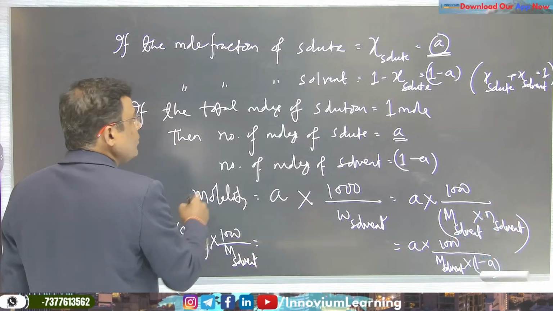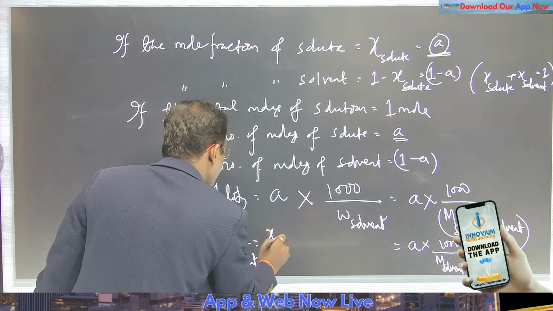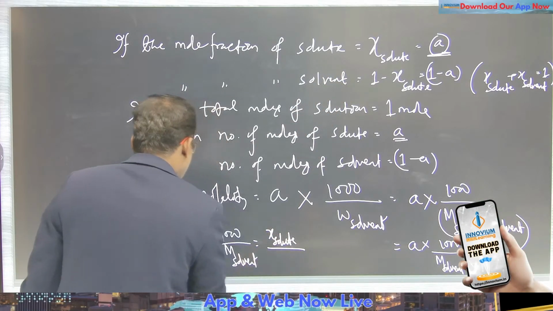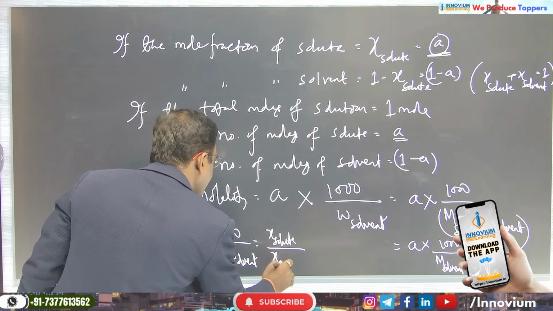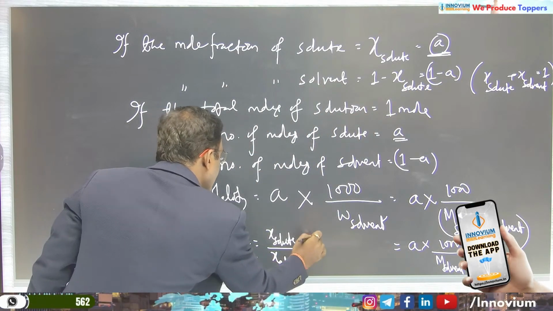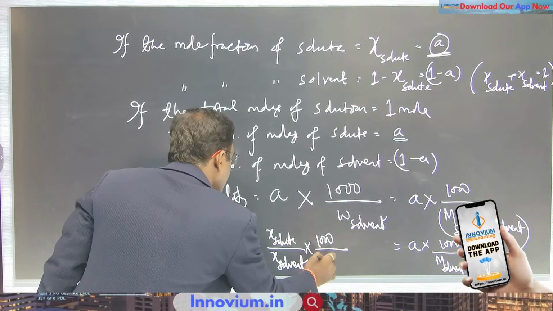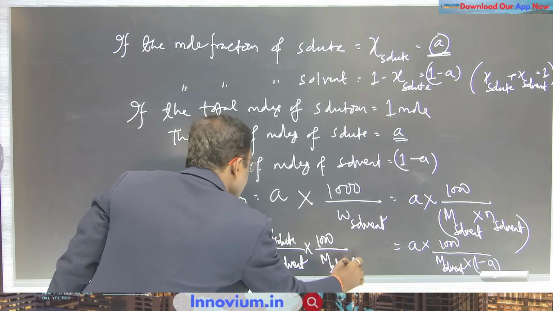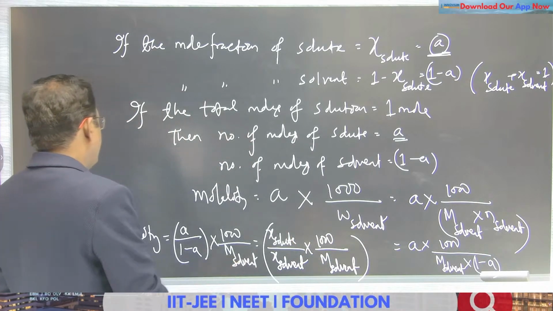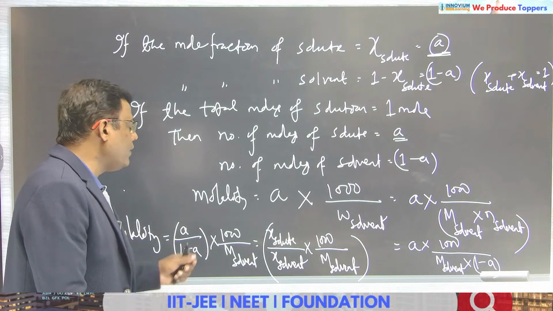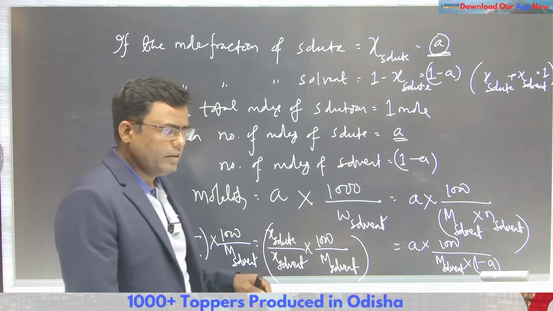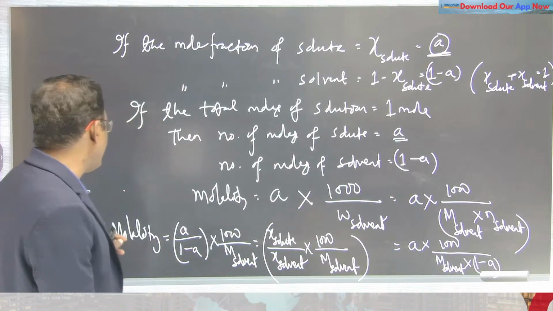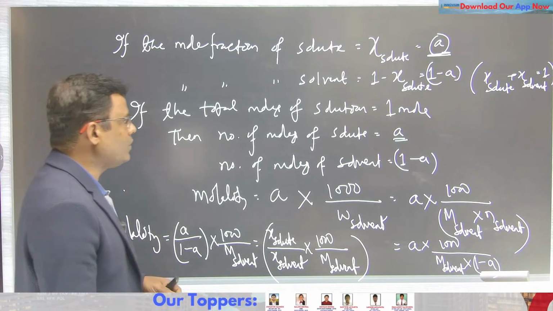So A is nothing but the mole fraction of solute, divided by 1 minus A, which gives the mole fraction of solvent, multiplied with 1000 by molar mass of solvent, gives you the molality. So whenever mole fraction data is given for solute or solvent, easily we can calculate the molality of the solution, correct?